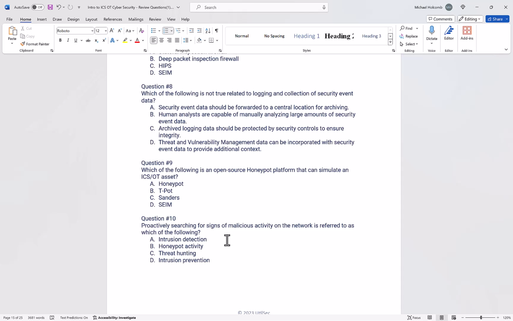That's where we can use threat hunting as a repeatable process to look for signs of somebody in the environment doing something they shouldn't. So C, threat hunting, question 10.